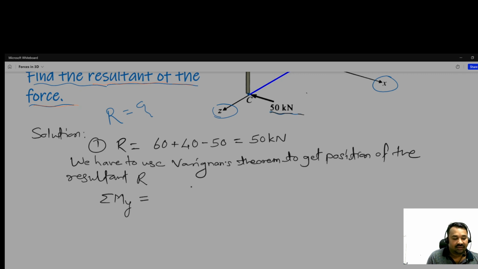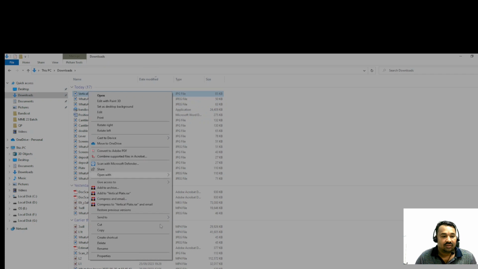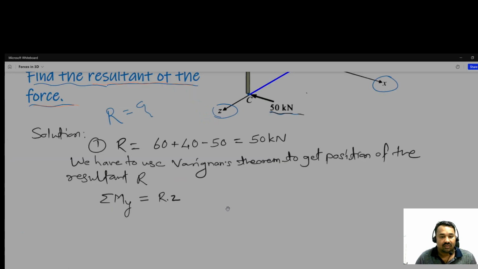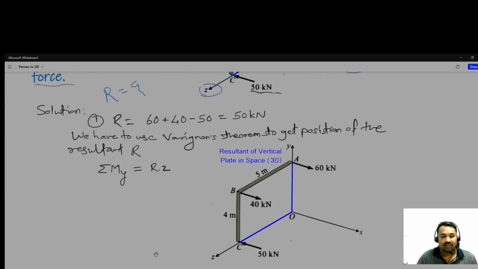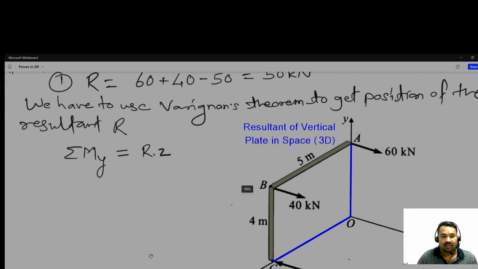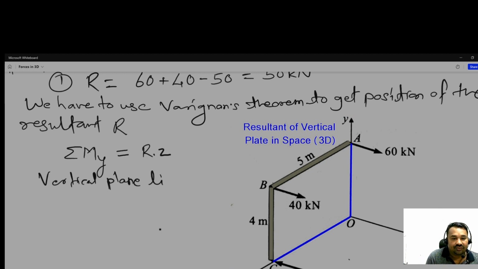Okay, so if we take the summation of moment about my, as per this it will be R multiplied by Z. Our purpose is to know about the vertical plane, which lies in the YZ plane.